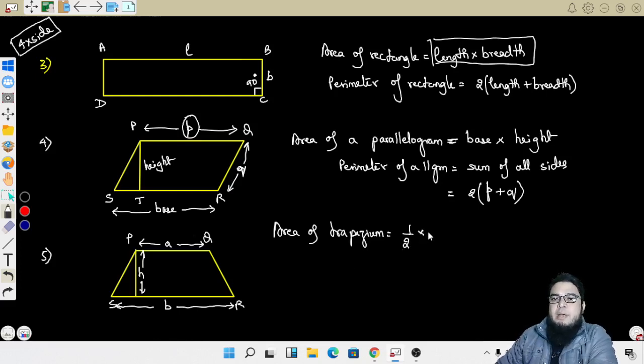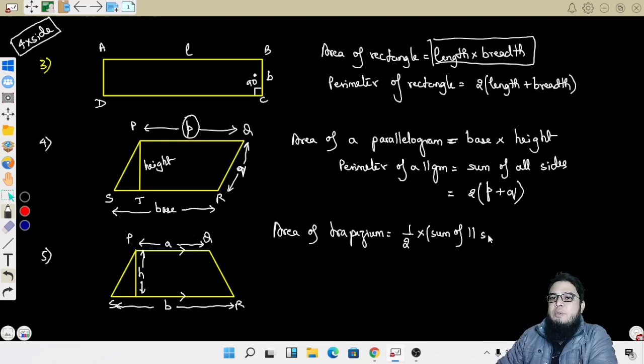So that will be half into the sum of the parallel sides, because a trapezium is a quadrilateral in which at least one pair of sides is parallel. So small a and small b are the parallel sides, and PS and QR are the non-parallel sides.